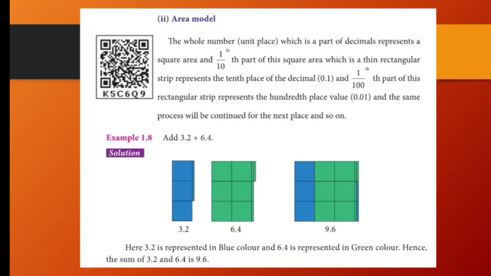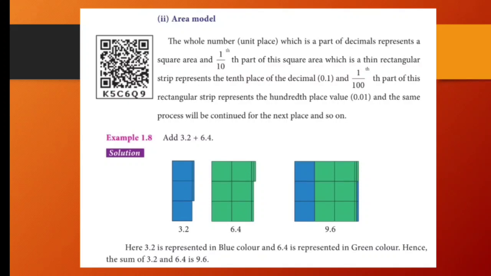Here they have mentioned a thin stripe, that represents 0.1. 1 by 100th part of this rectangular strip represents the 100th part, and the same process continues for the next places and so on. If we draw these thin stripes again and again, drawing it 10 times represents the 100th part.